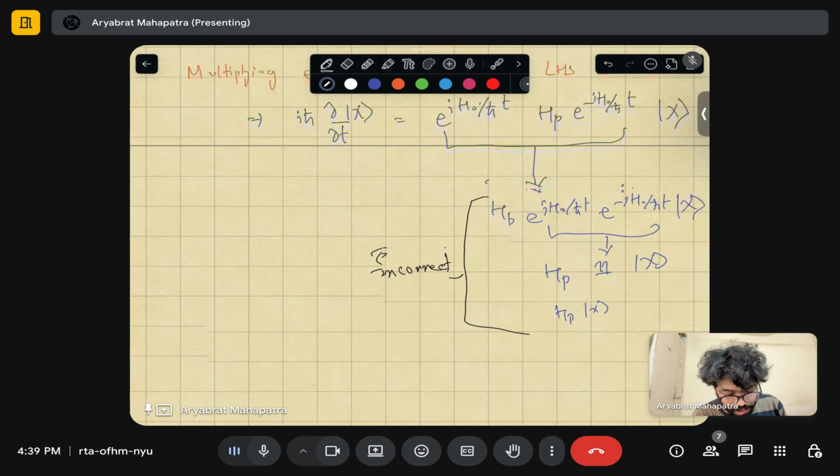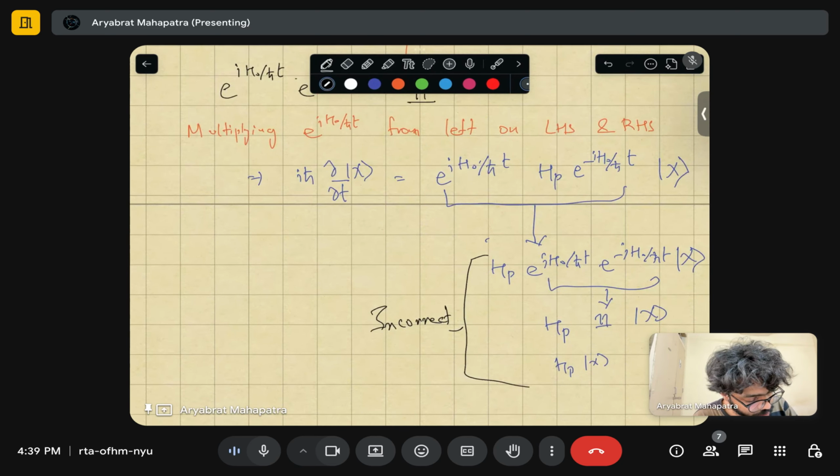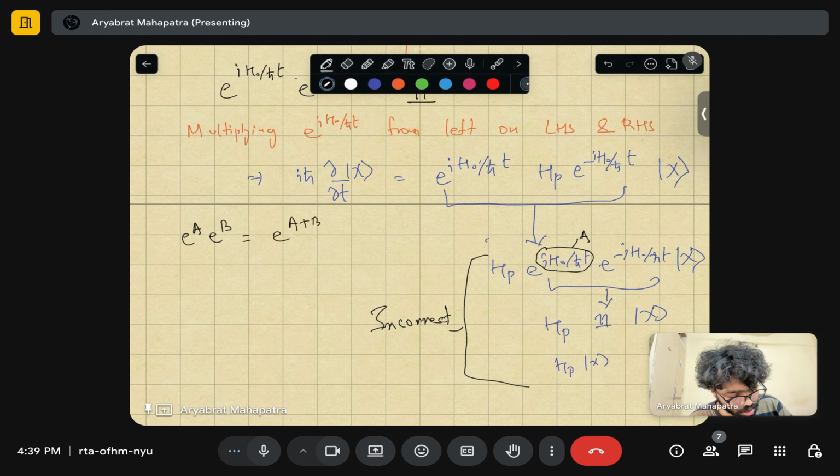The reason is, suppose you consider this is some matrix A. If I have two arbitrary matrices, exponential A and exponential B, these are actually matrices. You cannot write the product simply as exponential of A plus B. This is incorrect. Rather, it is given by the BCH rule, which you can check; it is probably also in your lectures.